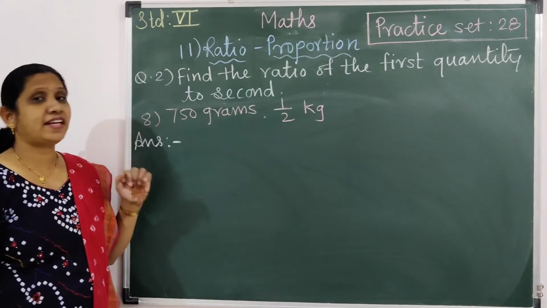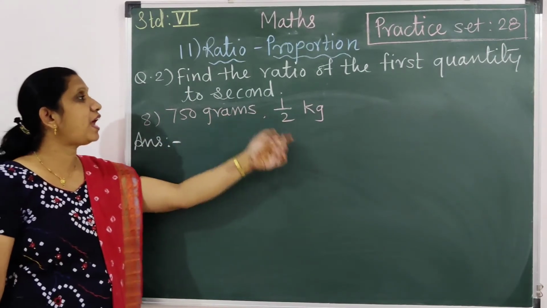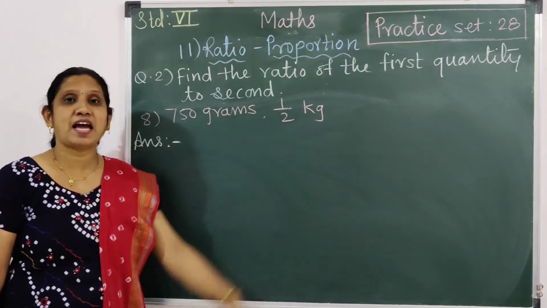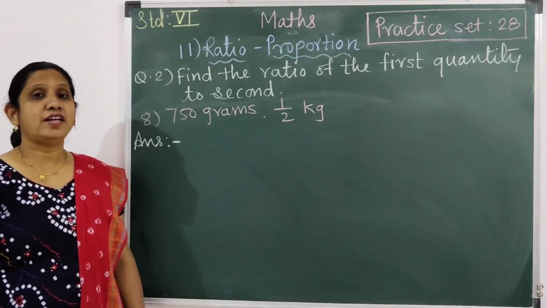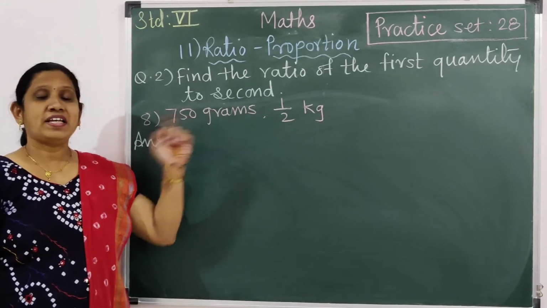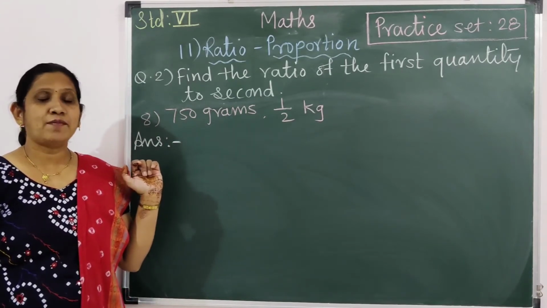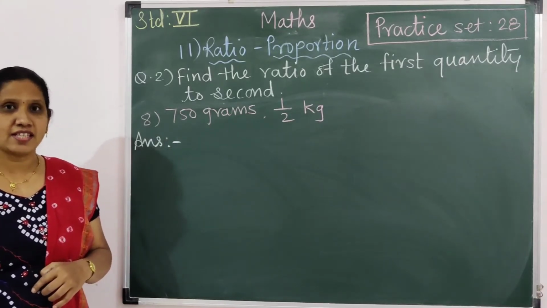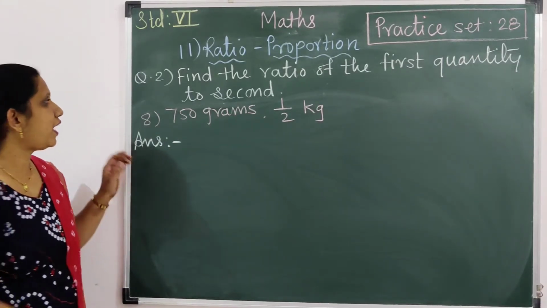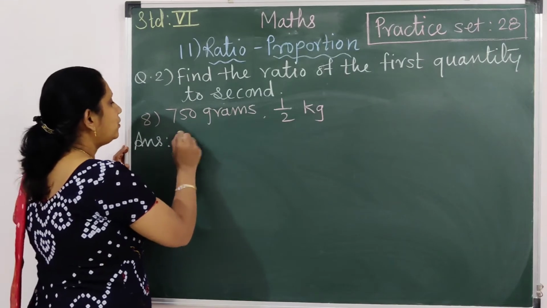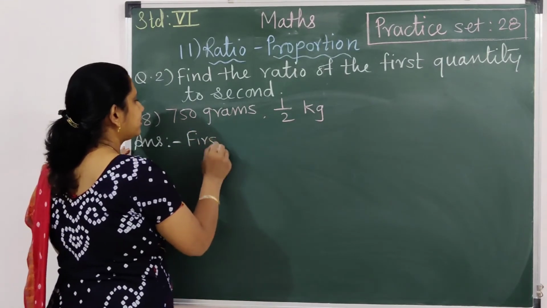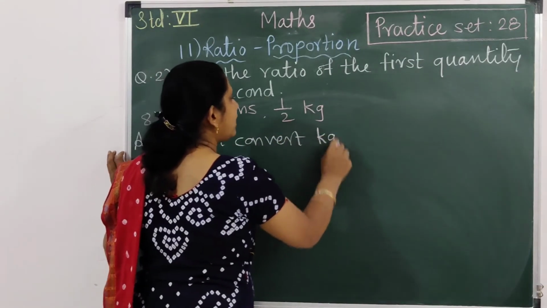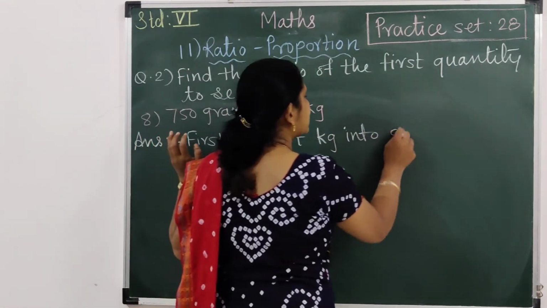Student, see the 8th example is given 750 grams and half kg. Here also units are different, grams and kilogram. Children, we know 1 kg is equals to 1000 gram. It means half kg is equals to how many grams? Yes, it is 500 grams. So first convert kg into grams.